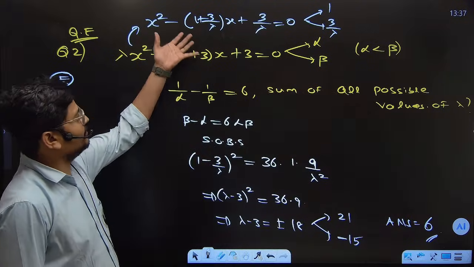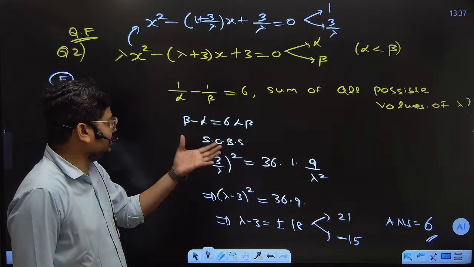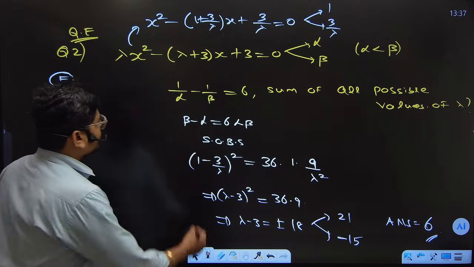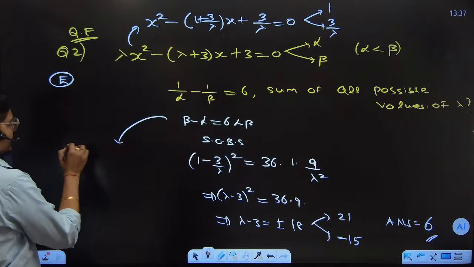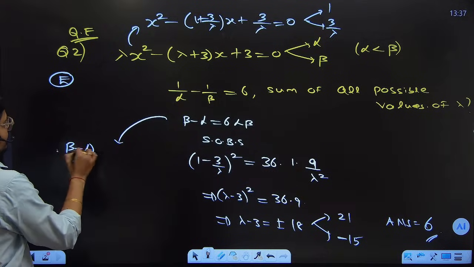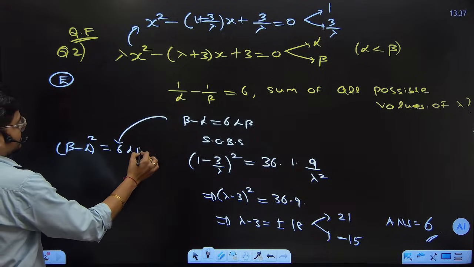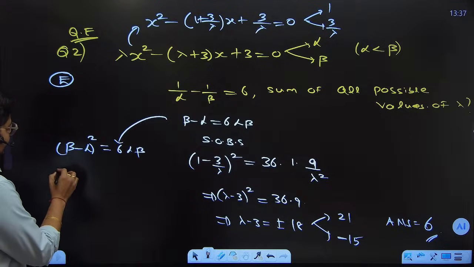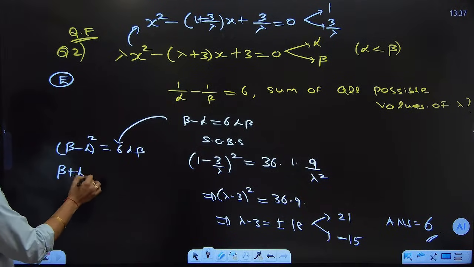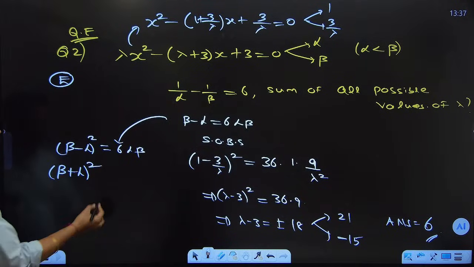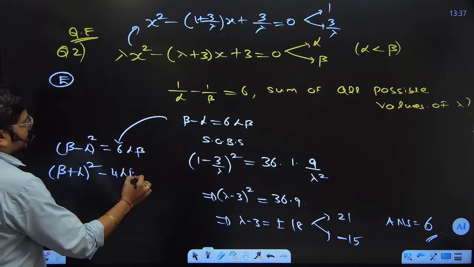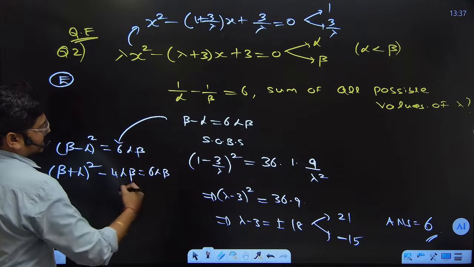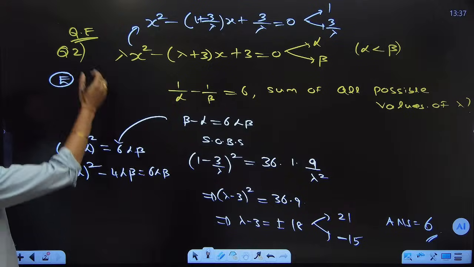So if you are not able to figure out these roots are 1 and 3 by lambda also, after writing this, what you can do is, if you're squaring, you will get beta minus alpha whole square is equal to 6 alpha beta. Now from this again, what can I do? I can write beta minus alpha whole square as, what sir? Beta plus alpha whole square minus 4 alpha beta is equal to 6 alpha beta. And then you can proceed, because I know the sum of roots, I know the product of roots.